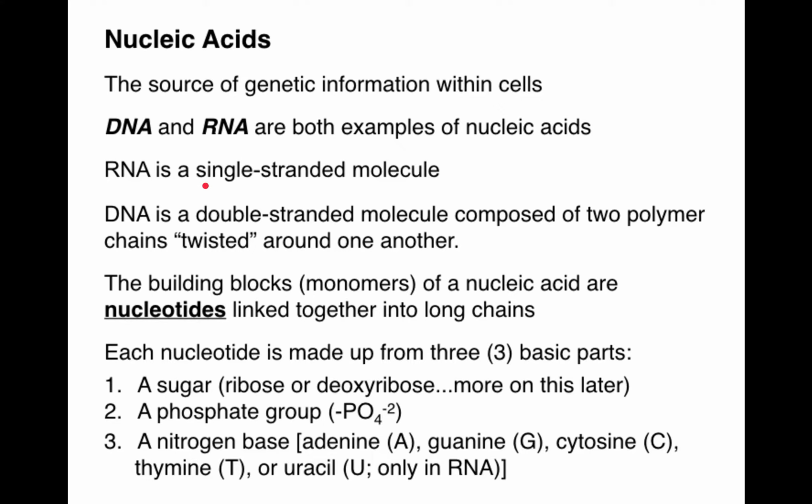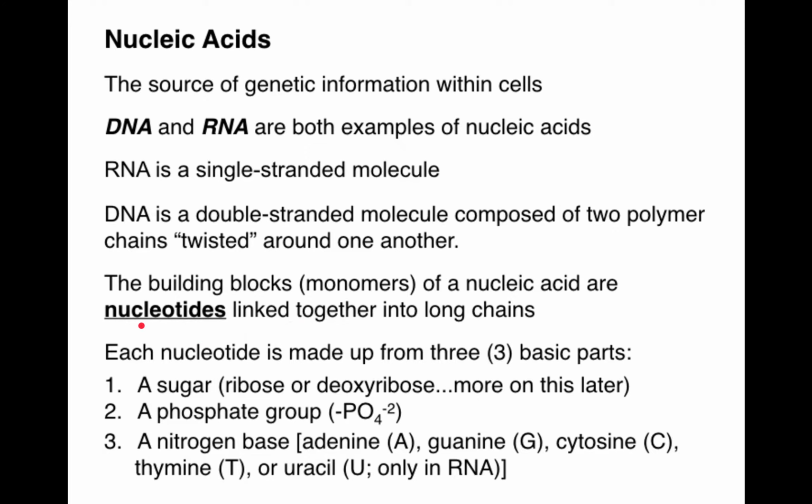RNA is often a single-stranded molecule, DNA a double-stranded molecule. Regardless, RNA and DNA are both polymers. And these polymers consist of monomers linked together to form long chains. The monomers that are used to build nucleic acid polymers like RNA or DNA are nucleotides.